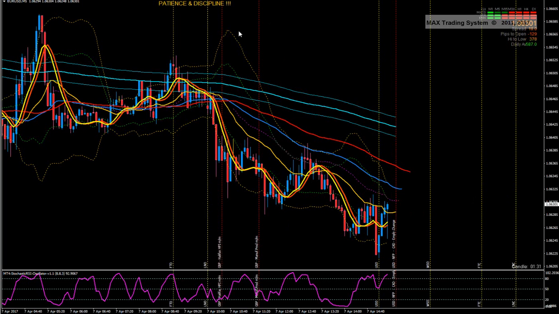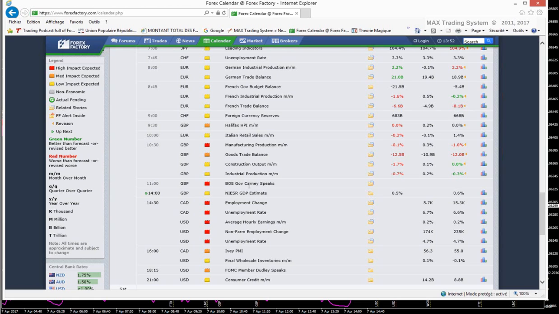And then with red vertical lines, the main news release of the day. Even if we have on the calendar many other news releases, many of them have no impact in the market. And so we consider only those that have an impact in the market, and to know them, you can consult our website here.